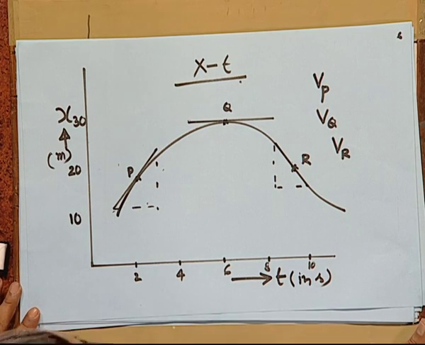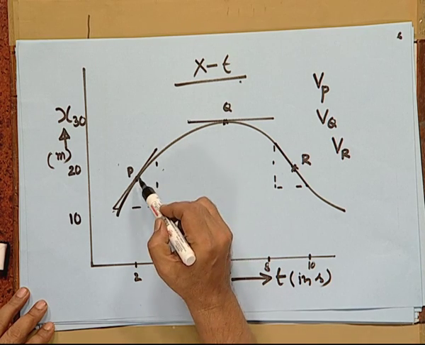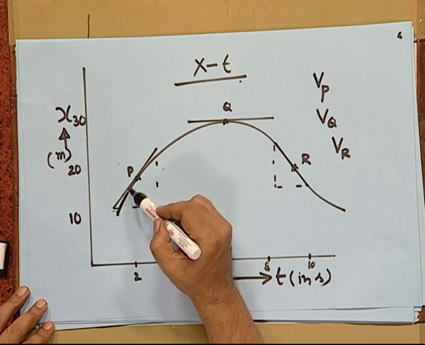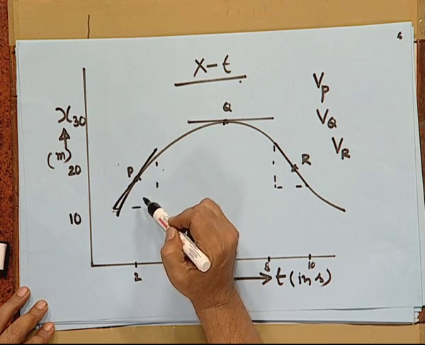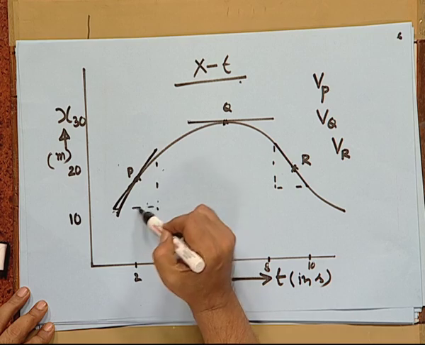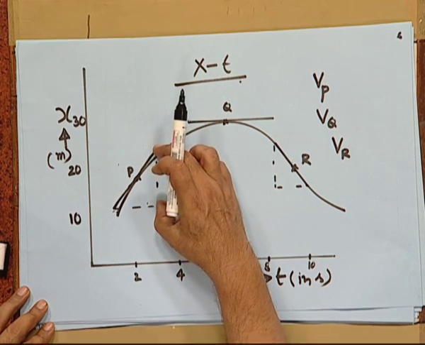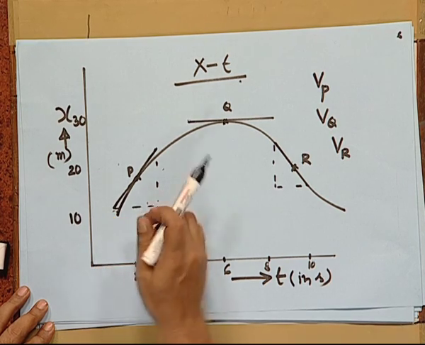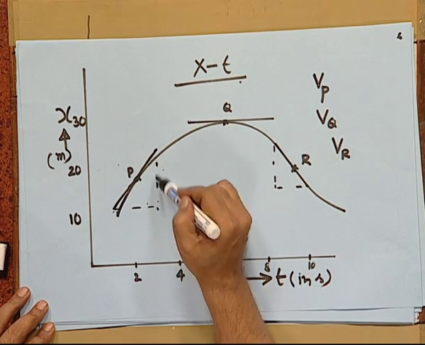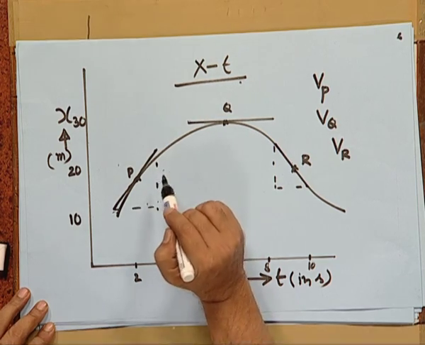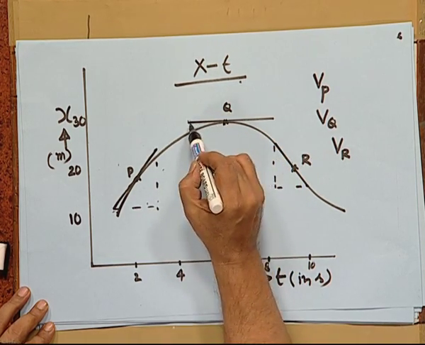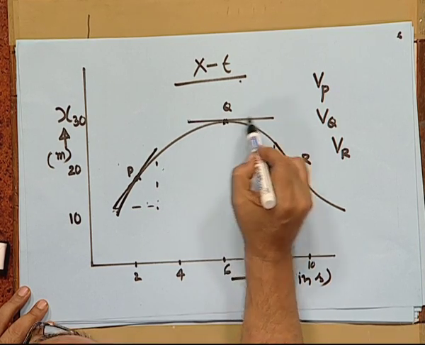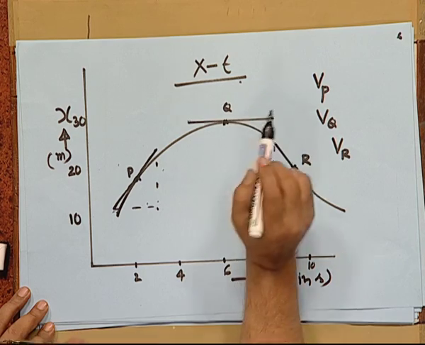Now, look at this. How do we do it? If you draw a tangent to the curve at this point, which I am indicating, this tangent has a slope which is given by delta x by delta t in a very small interval of time, and this slope of the tangent happens to be a positive slope. If I draw a tangent to the curve at point Q, the tangent line touching this curve at only one point, this is 0 slope.